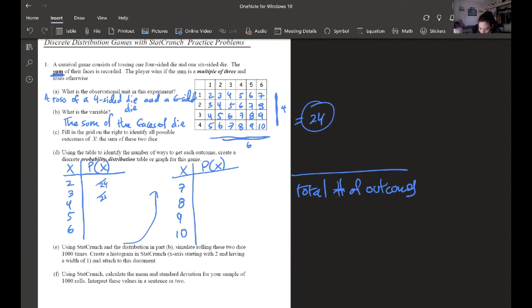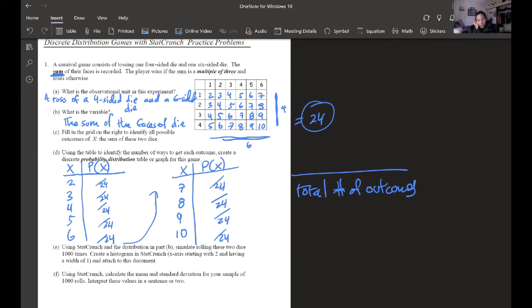I'm just going to fill that out for everybody. Over 24, over 24, over 24.